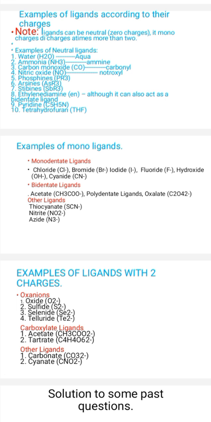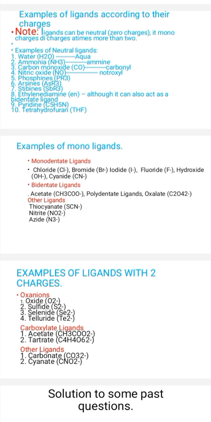Examples of ligands with just -1 charge are all the halogens family: chlorine, bromine, iodine, fluorine. Then hydroxyl, which is a hydroxy group, is a -1 charge ligand. Then cyanide, we call it cyano in naming, is also a -1 charge ligand. Then some bidentate ligands have just one charge, for example salicylato.